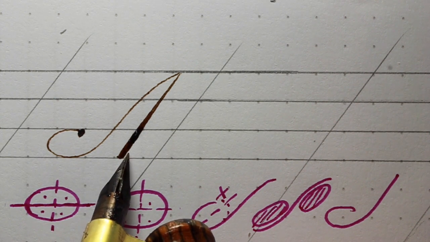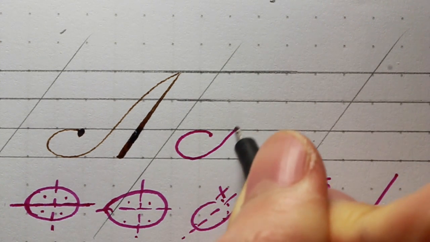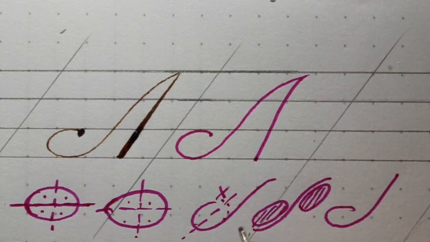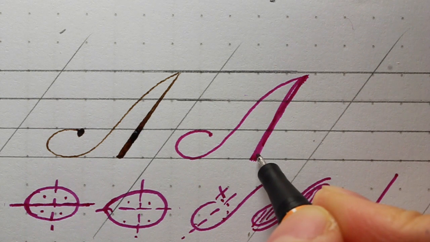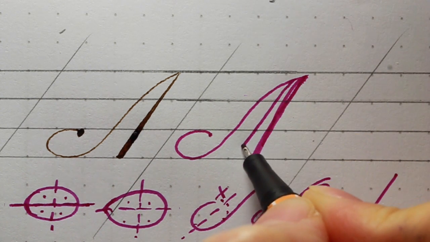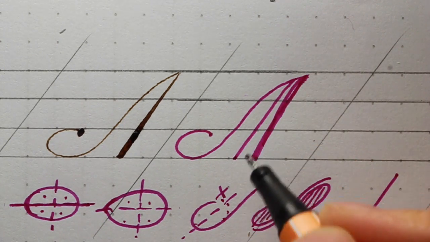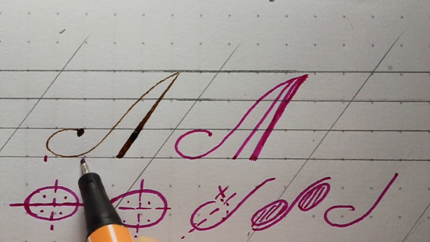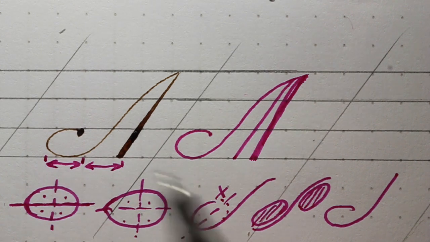If this is too wide, your letter would look like so. I'm exaggerating, but this would make your letter look very elementary. If it's too close, like this, your letter would look too skinny. So the right distance is approximately this is equal to this.